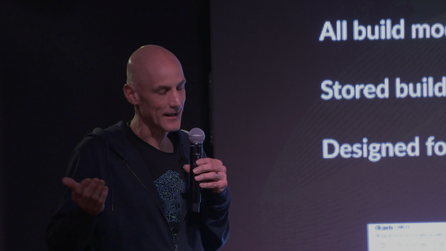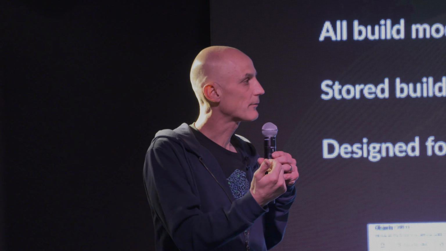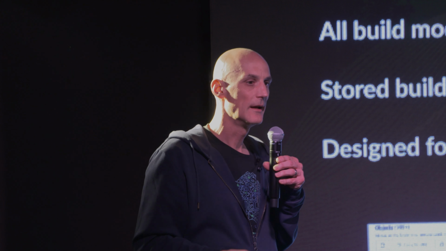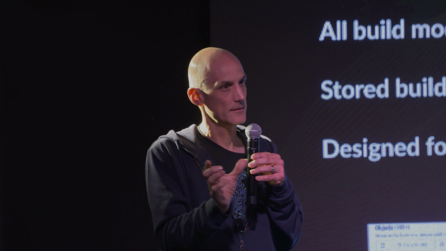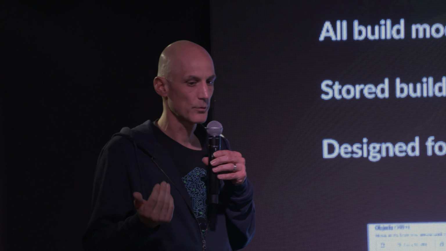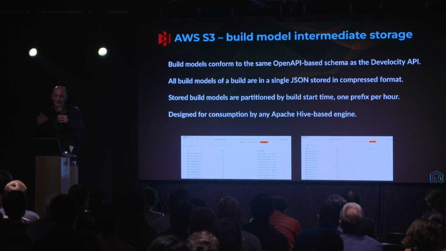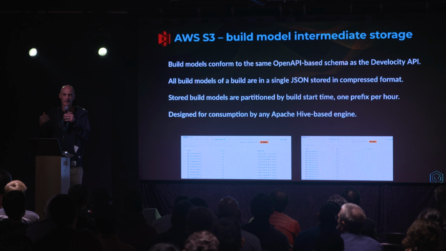They're stored in a compressed format, and they're partitioned by date or by time, right? So that when you do the queries, which are typically for time windows, those big data engines can very quickly get the right window of time and then process the data. So in the end, how we store it, where we store it, and in what structure is very optimized for those Apache Hive-based engines that query the data.